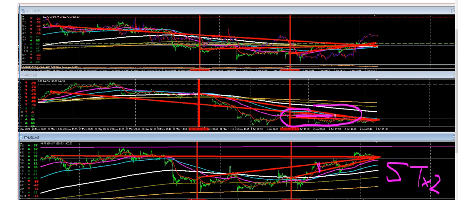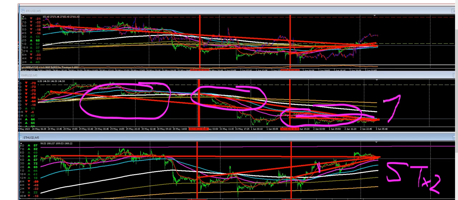You can see it's gone sideways to down slightly. It's slowed relative to its original, well, this is the original path, but it's certainly slowed against the last known fractal. So, you know, that's going to help build the case for the XMR to go up.